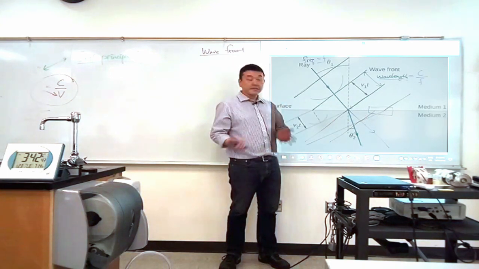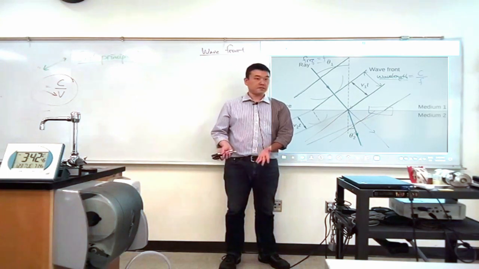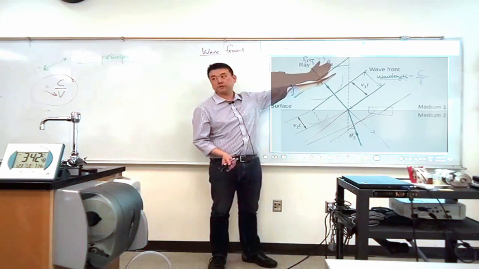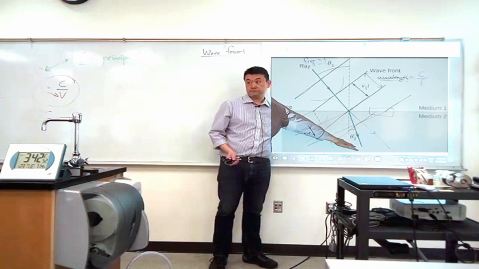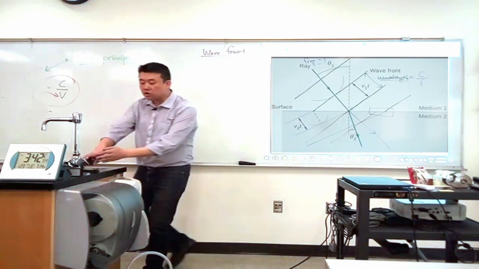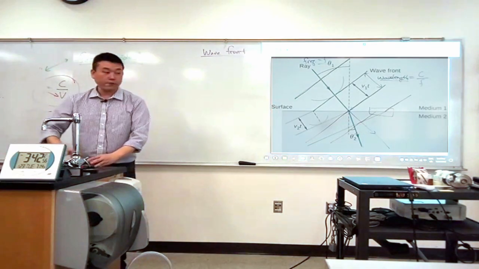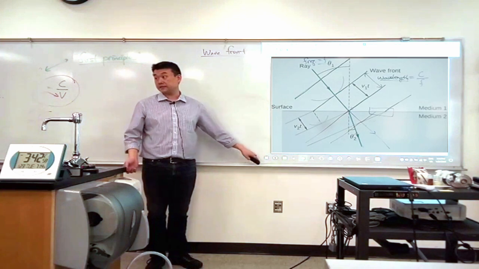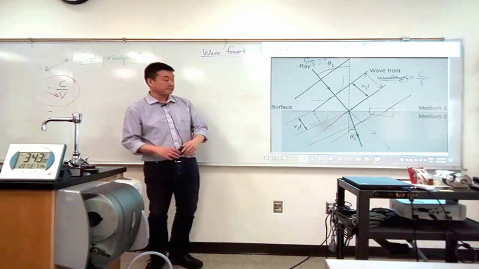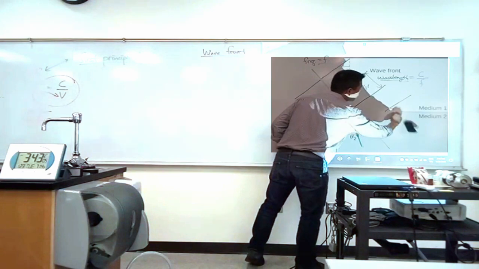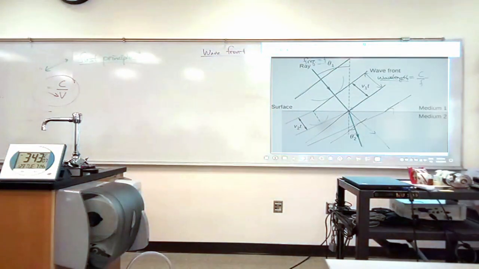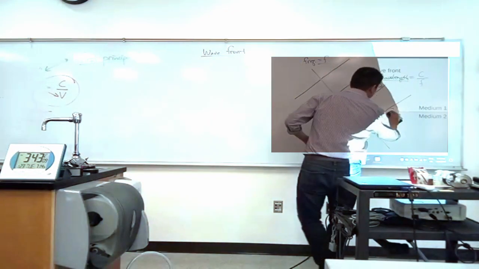So this is a rule that we use in optics. The wavefront has to be continuous as you go across the boundary. That's the rule, and it's a rule that you can justify from basic electrostatics or basic electromagnetism. So these are the two conditions we have to meet simultaneously.